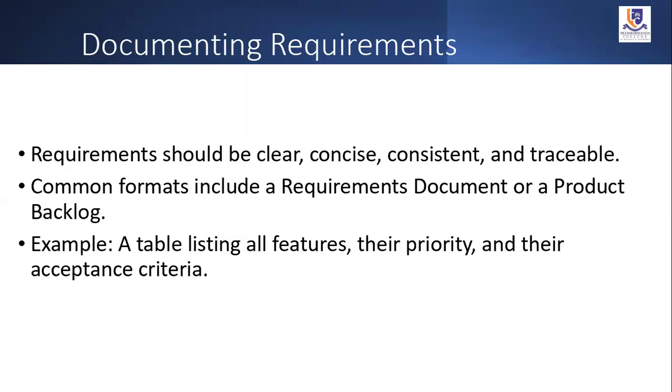All right. So common formats include a requirement document or a product backlog. Clarity in your requirements is a must-have for BAs. You just need to put up a table listing, okay, these are the features, these are the priorities, and the acceptance criteria.